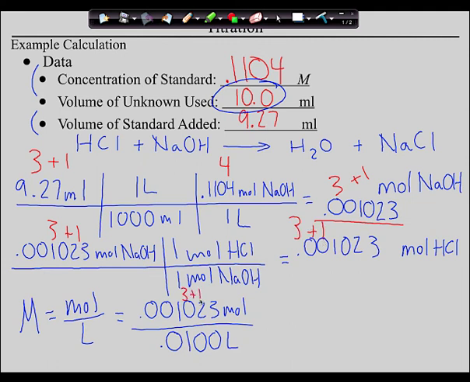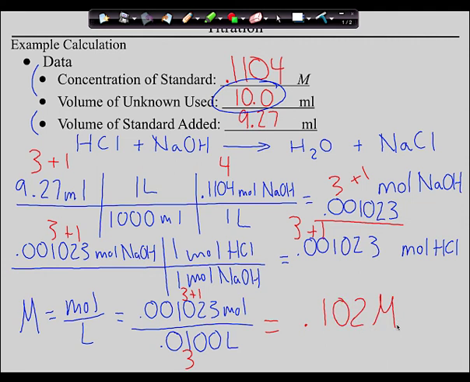How many are down here? 3. So how many do we get in our answer? Well, now we round off the extra one. So this is 3 and this is 3. So our answer will be 3. So 0.001023 divided by 0.0100, and to 3 significant digits, we get 0.102 molar.